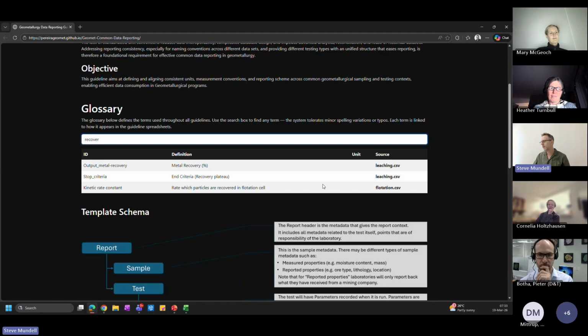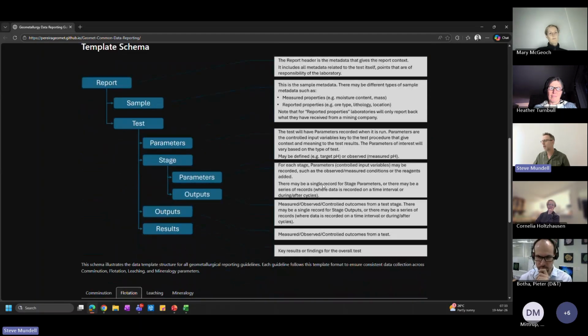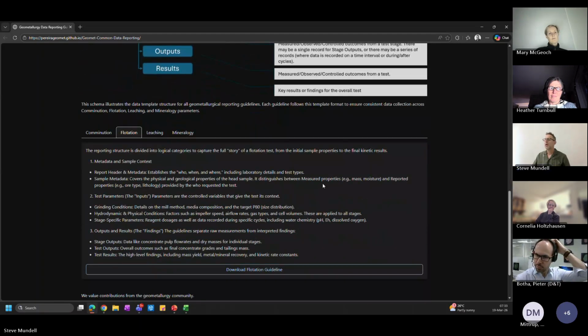That makes it quite easy for users and the industry to get into it. And then for each of the different types of tests, you can find additional information on how this template is applied to that type of test. So there's direct access to the guidelines as applied to flotation, leaching, or mineralogy.